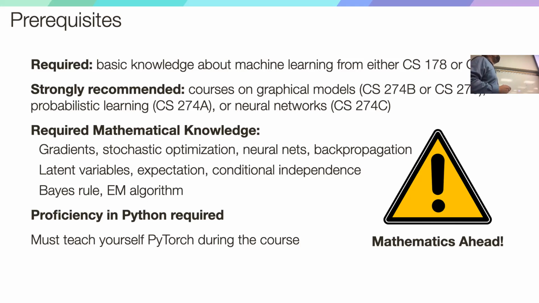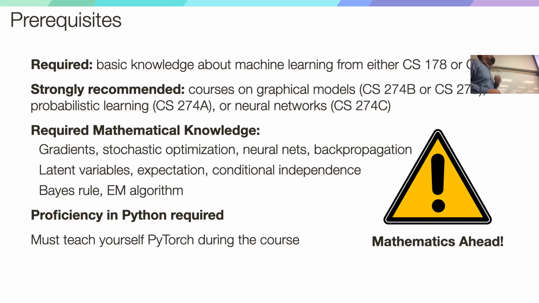Okay? But what's actually required? You have to know about machine learning, of course. You should have either taken CS 178 or the corresponding graduate course, CS 273A. Right? As I said, recommended courses are other advanced courses in graphical models or maybe neural networks.